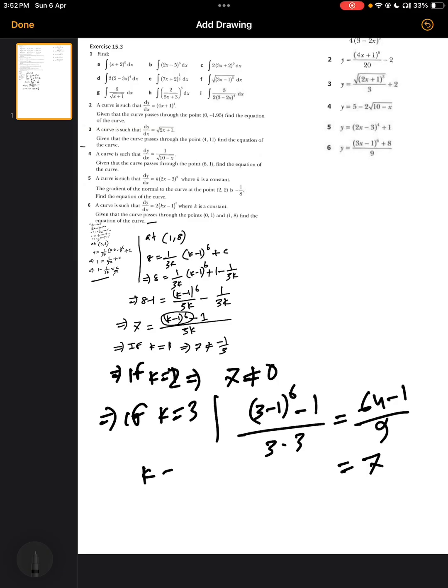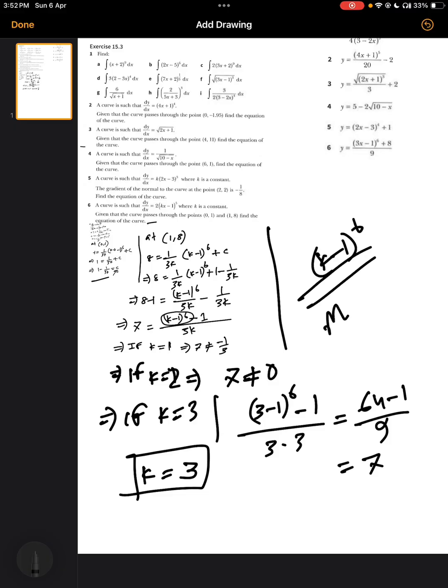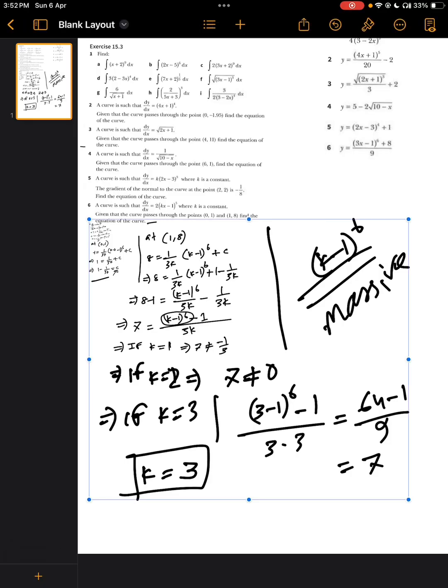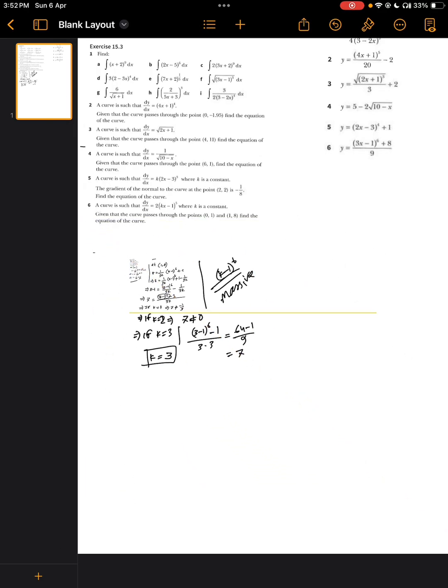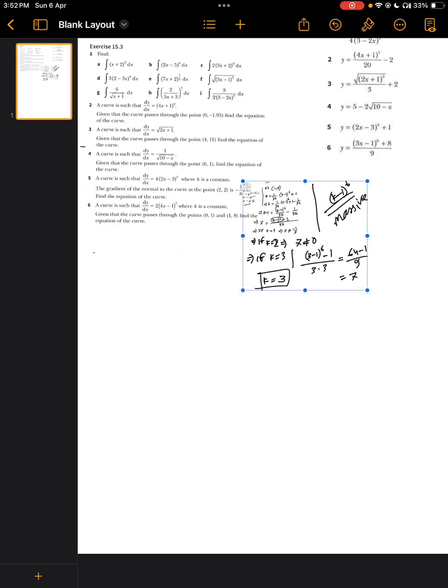So we can say that the value of k is 3 here. There are no alternate methods. If I want to use binomial for (k minus 1) to the power 6, it would become massive. I don't know who put the question here. He or she is just stupid.